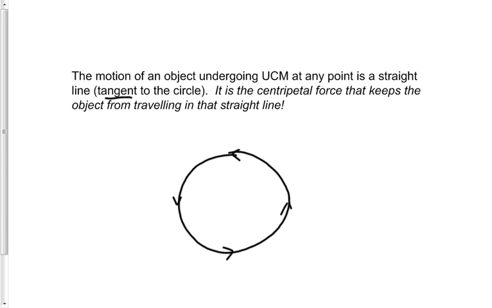A tangent kind of means skipping off. It doesn't go out like this. If the object right here all of a sudden has the centripetal force removed, it doesn't go out like this. It doesn't go down like this.